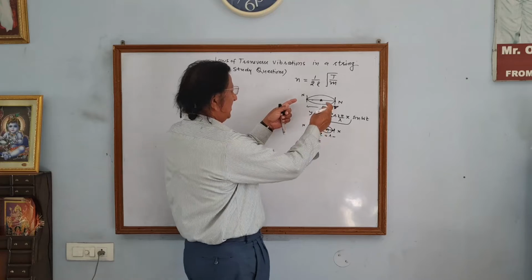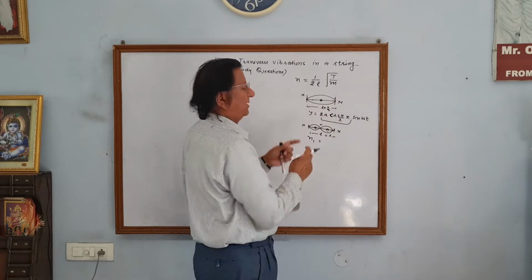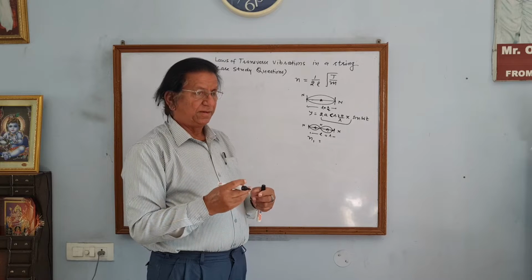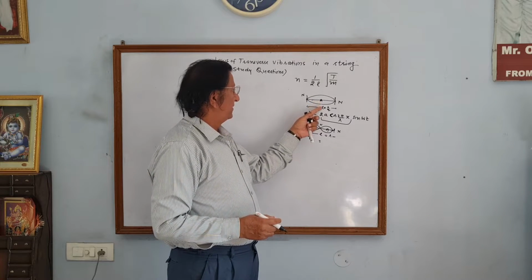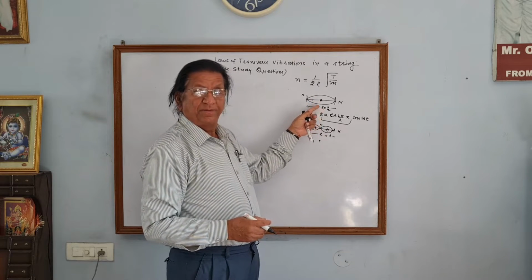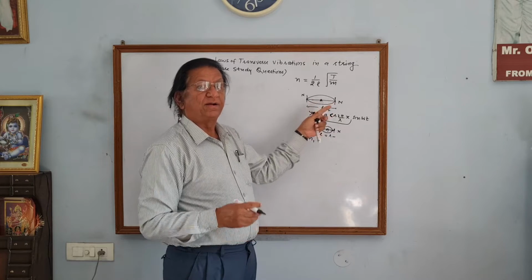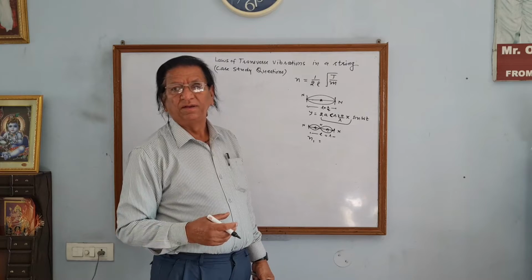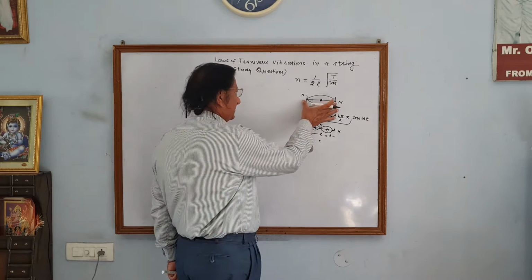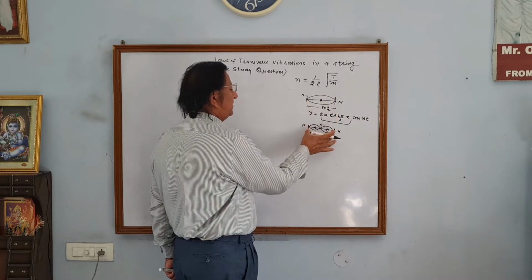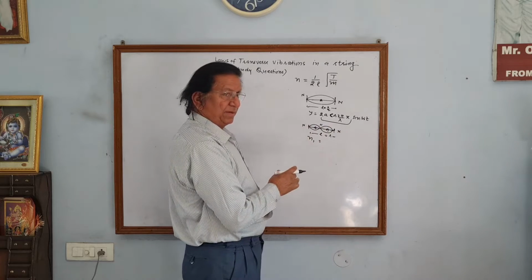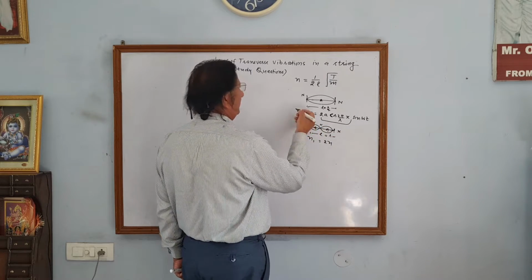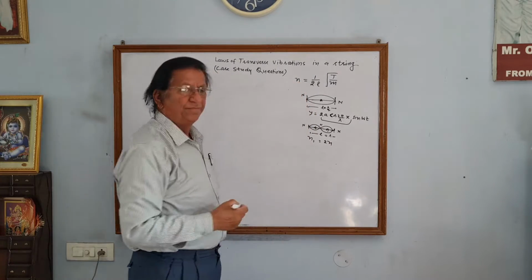Remember, both ends of the string are fixed. You can make this string vibrate keeping one end fixed, second end free. There are different ways. But here ends are fixed, and the string is made to vibrate in two segments.